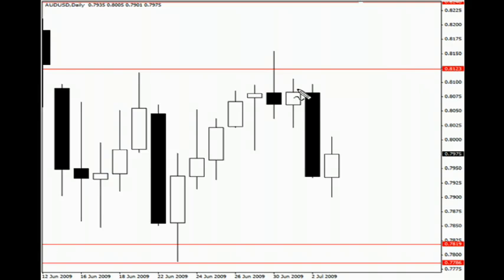Now the way that I trade this method is using the 50% range entry. Once I've identified the range of the pin bar itself, I will then enter at the halfway point of the bar.